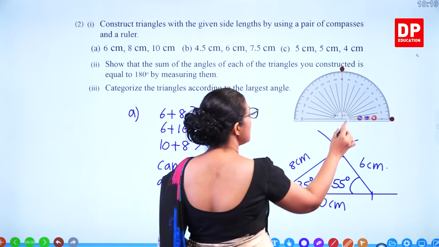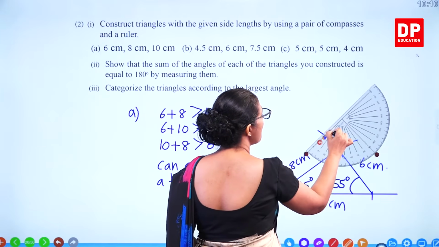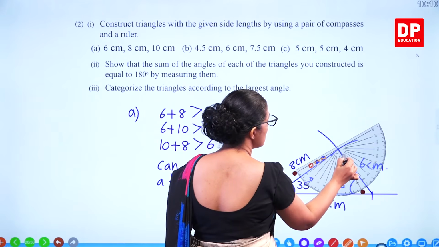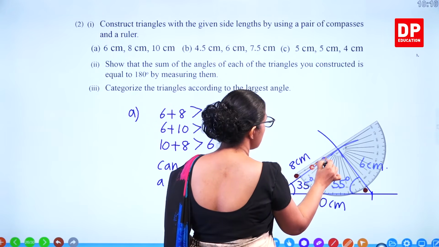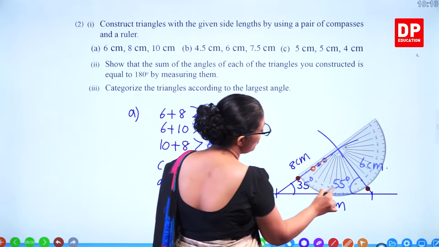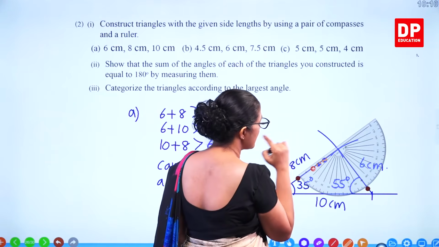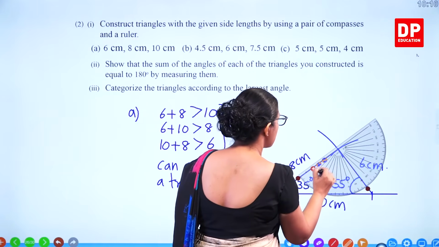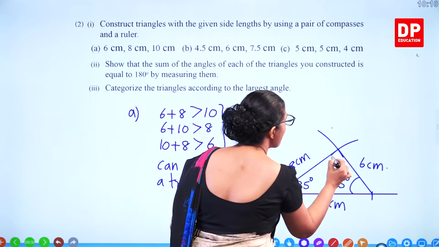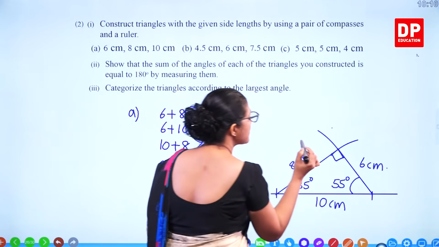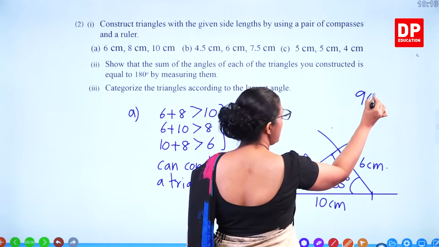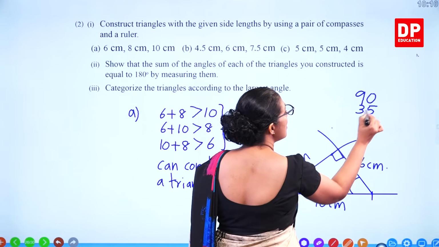And we'll see what's this angle. We'll measure this angle and see what's the angle. Here to here, 90 degrees. So 90 degrees is this angle. Now we'll add and see whether it's correct. 90, 35 and 55.